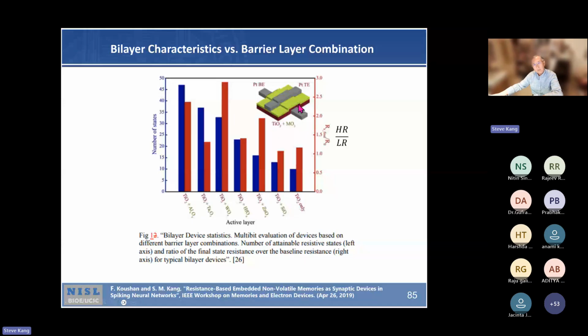So depending on the composition of what is sandwiched between two metallic plates, you can have a different ratio between high resistance and low resistance. The higher the better, actually. And then the number of stable states also. So there's lots of materials research that's still ongoing, and it's likely to continue until they find the true champion.